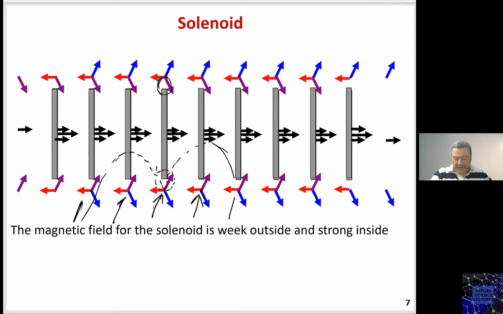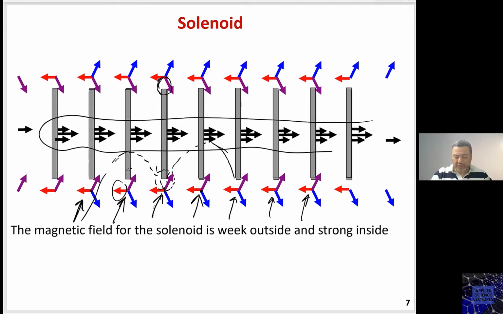The magnetic field right at those points will be relatively weak because I have the magnetic field coming from this loop being cancelled by the magnetic field coming from the loop before and the loop after, and this is going to result in weak magnetic field outside the solenoid and strong and almost uniform magnetic field right at the center of this loop. The more loops you add, the more uniform the magnetic field becomes.